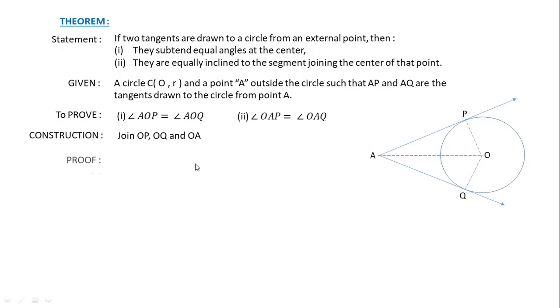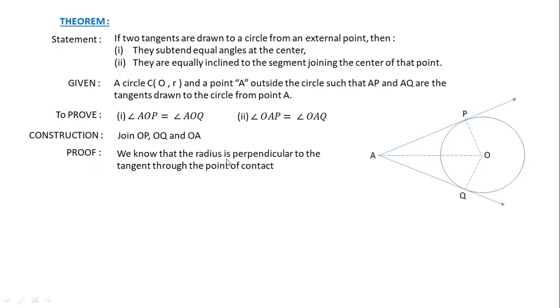Now proof. Now we know that the radius is perpendicular to the tangent through the point of contact. This is the radius and this is the point of contact, P. So radius is always perpendicular to the tangent through the point of contact. So this angle is 90 here.